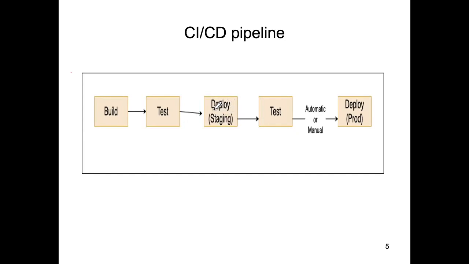Having deployed the application to a staging environment, the pipeline may actually run some more tests, because over here we're testing the built version of our web API, maybe running on localhost, whereas here the target of the tests is a properly deployed version of our web API.